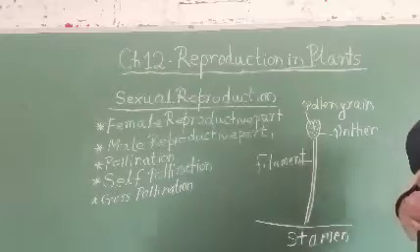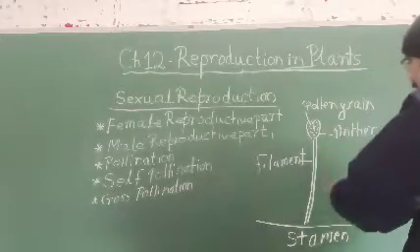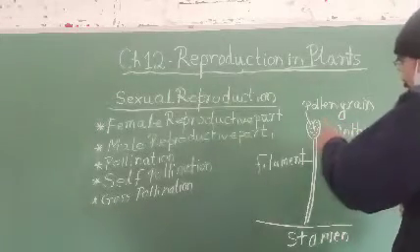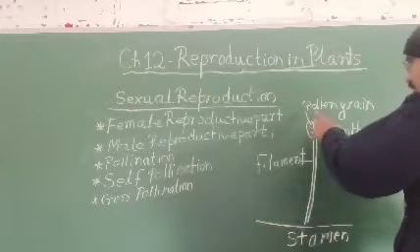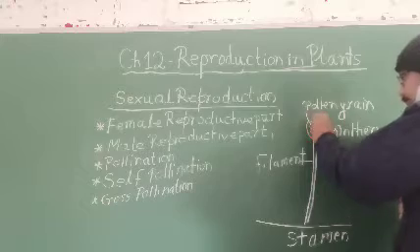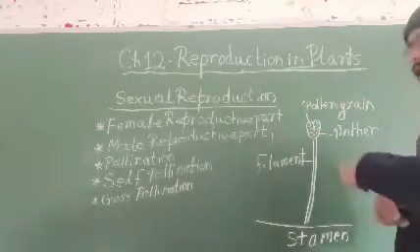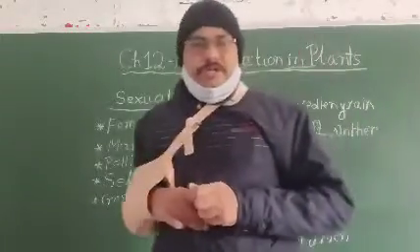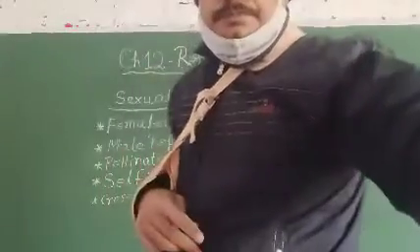That is the stamen. And stamen contains the three part, that is the anther and filament. This anther contain pollen grain here, which transfers at the time of pollination.